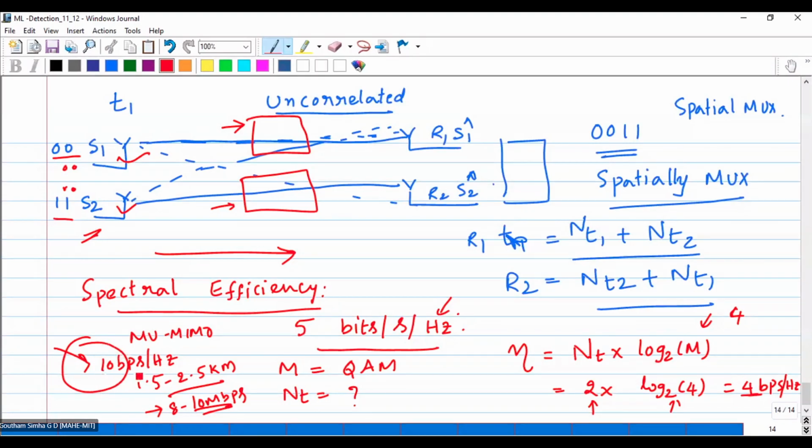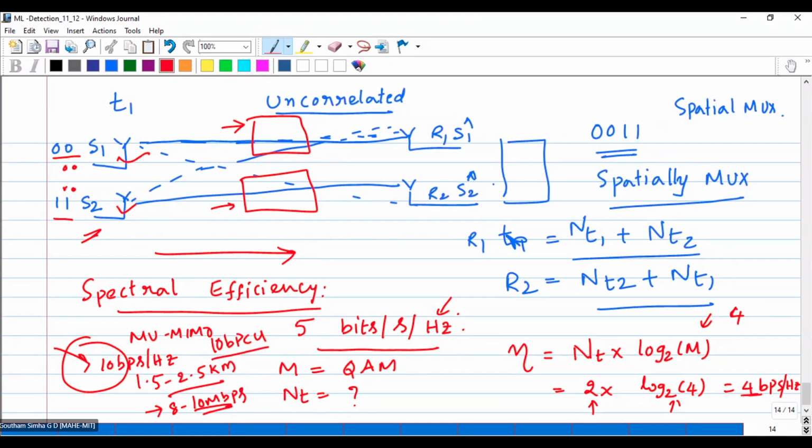But for a specific cell of radius, let's say 1.5 to 2 kilometers, maximum up to 2.5 kilometers, if the base station is applying a multi-user MIMO (MU-MIMO) configuration, producing spatial multiplexing with, let's say, 10 bits per second per hertz, or 10 BPCU, it is also called 10 bits per channel usage for a dedicated channel.